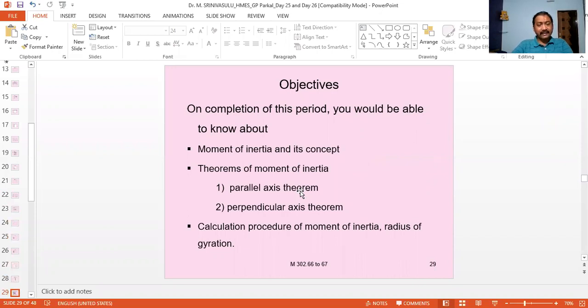We have already studied the moment of inertia, but we will study the concept of the MI, and for the MI we have two theorems: one is the parallel axis theorem, and second is the perpendicular axis theorem. Next, how to calculate the moment of inertia, and also the radius of gyration, we will study in this class.